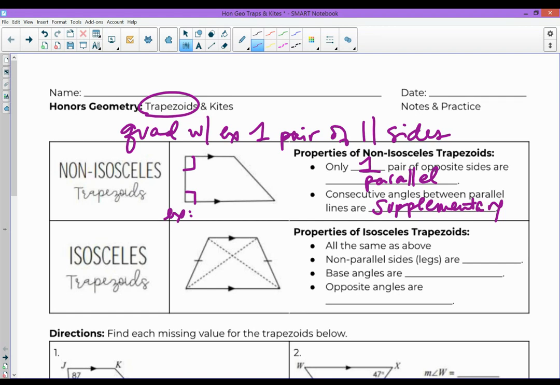They have all of the same properties that we saw up here, plus the non-parallel sides, which are known as the legs, are congruent. That also means that these base angles are also congruent. And then therefore, the opposite angles are going to be supplementary.